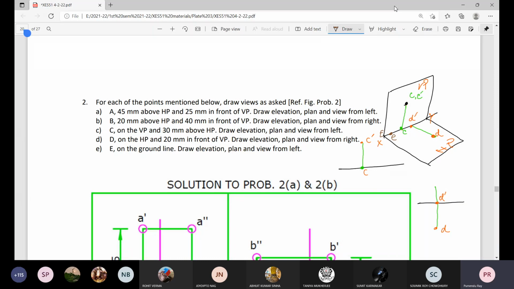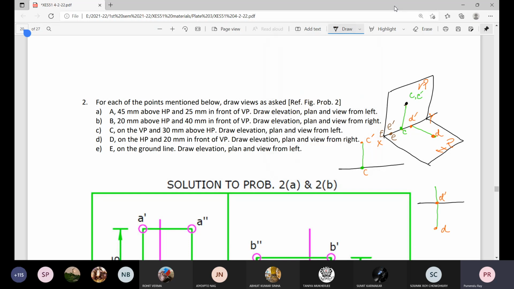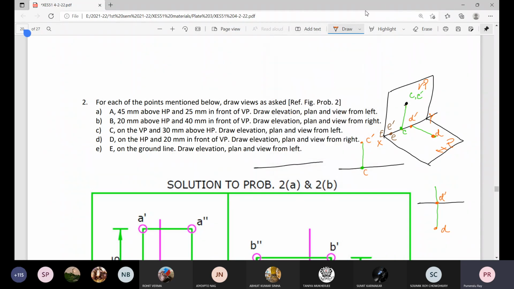When you are looking from front, the same location will be coming as view from front or elevation. And ultimately, if we draw the XY line or ground line, on the ground line itself, the point will show the plan or view from top or top view or view from above, as well as the view from front or front view or elevation.